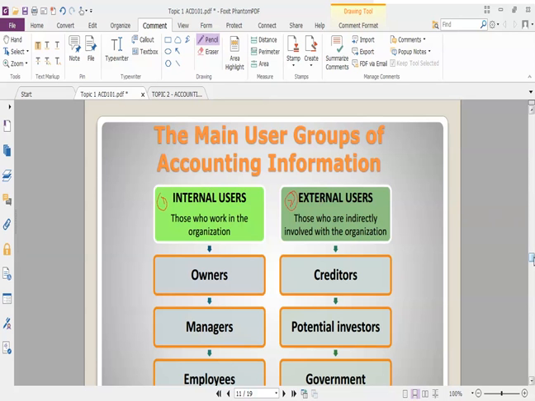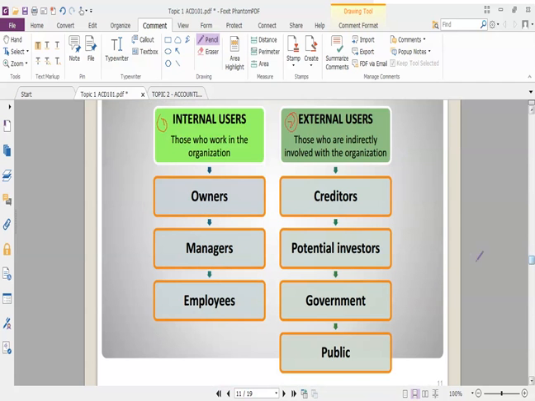The second is the external user, who is indirectly involved with the organization and works outside it. Internal users are the owner, if you are the boss of the business, managers, the people who work in your company, and employees.